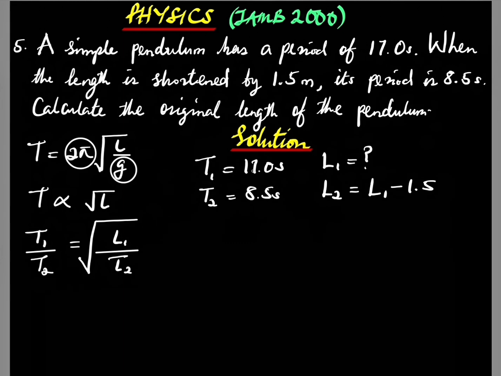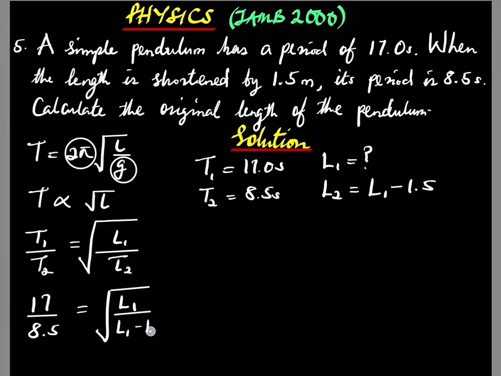So T sub 1 is 17. You have 17 all over T sub 2 is 8.5 equal to the square root of L sub 1, which is what is required, the original length, all over L sub 1 minus 1.5.